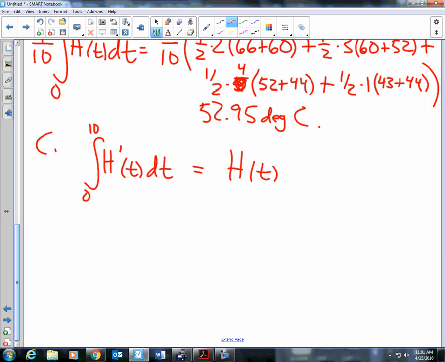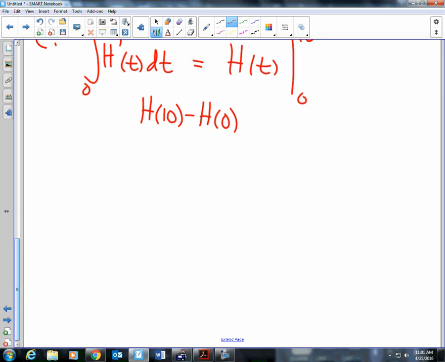Where do we want to evaluate it? We have h of 10 minus h of 0. What is h of 10? And what is h of 0? So I get negative 23 degrees Celsius.